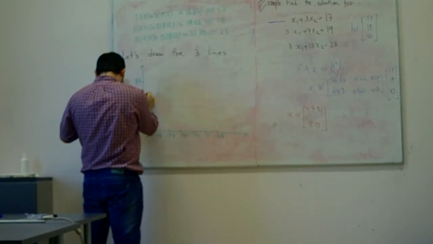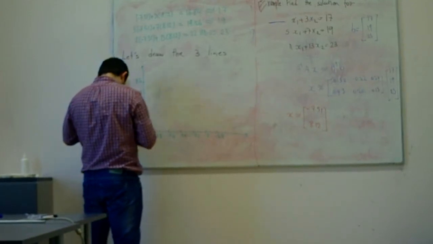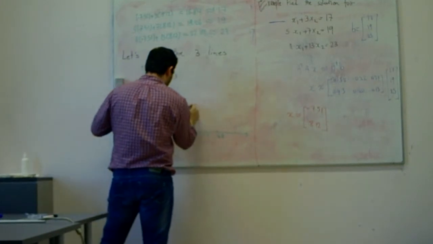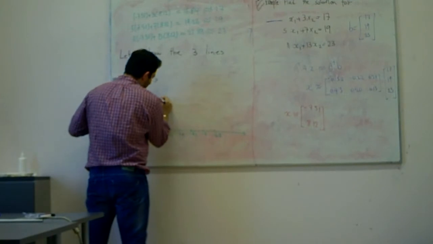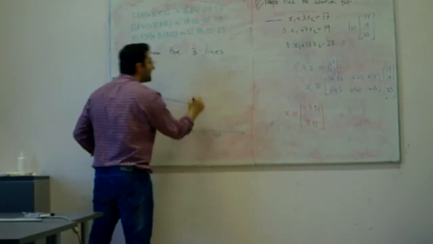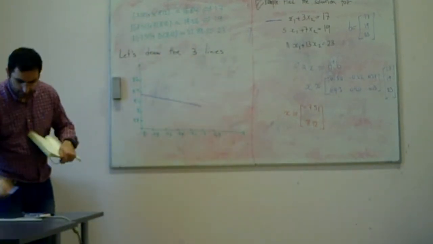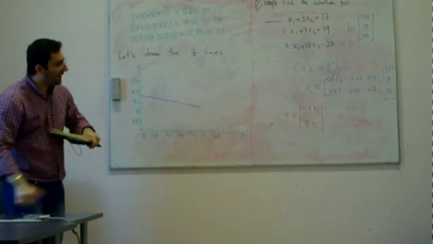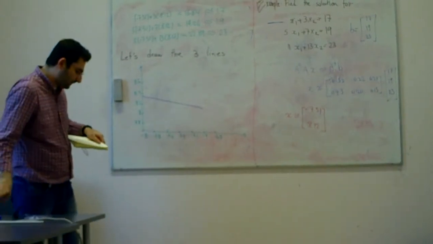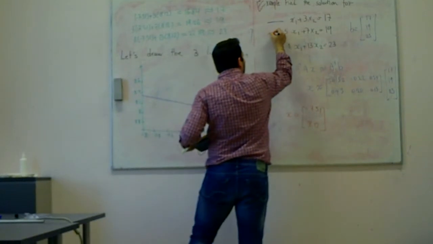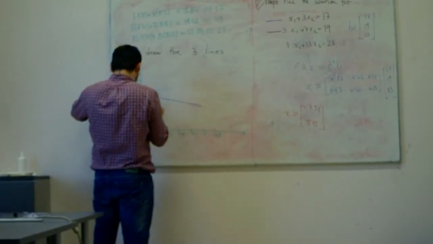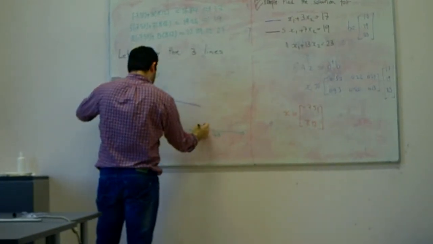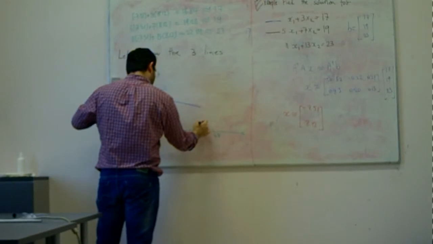It starts from somewhere like here. So approximately, this is the first equation. Let's have the second equation in black. It starts from here and goes to, let's say, this point.